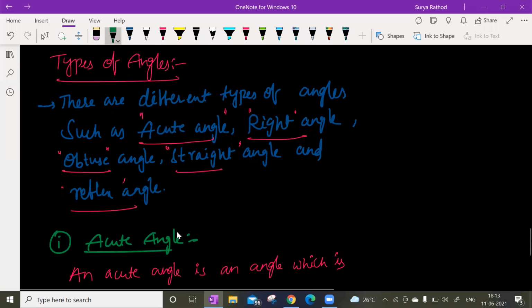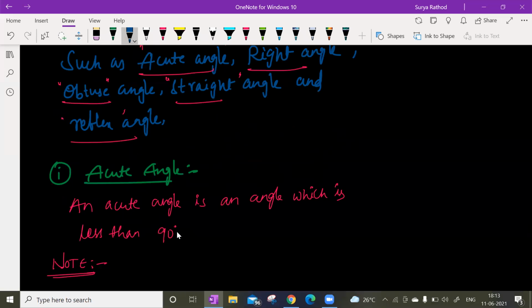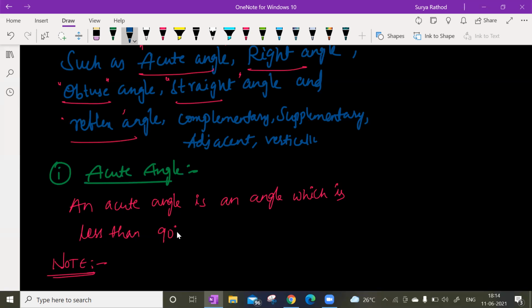So write all this, etc. We'll discuss one by one. We are not ending there itself.